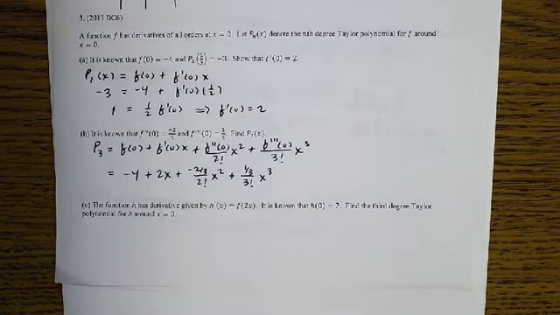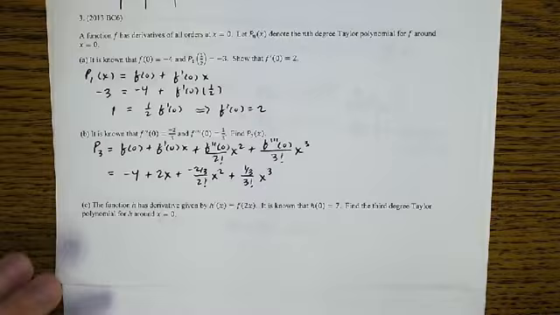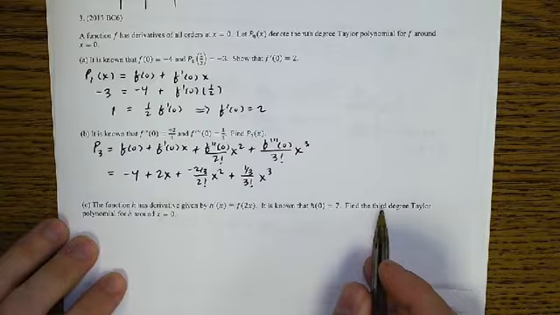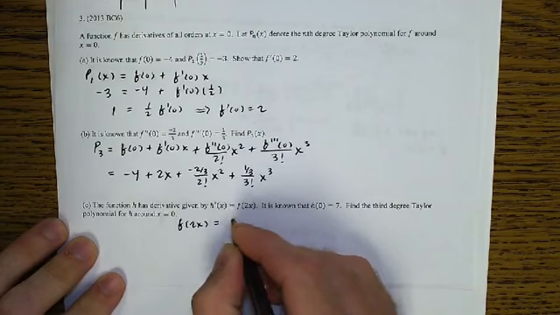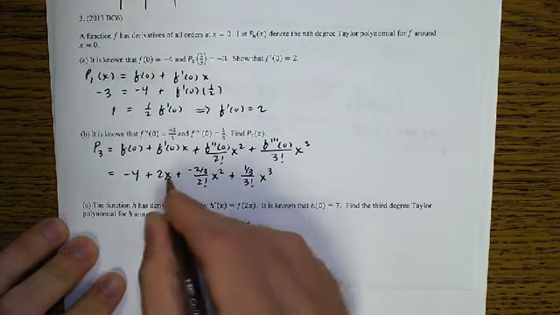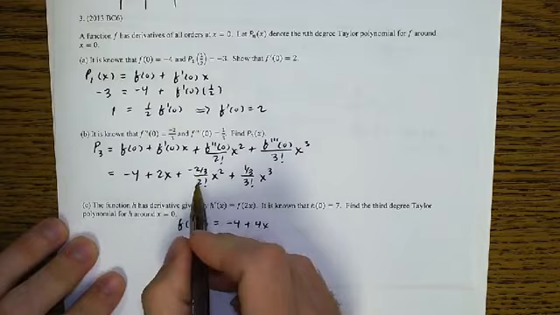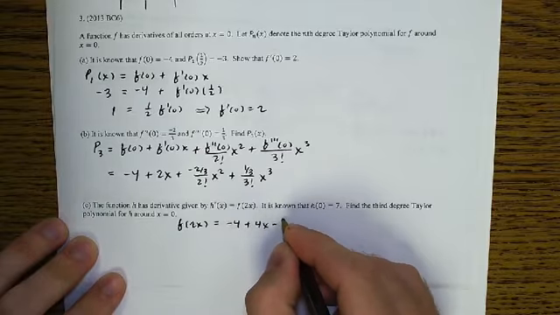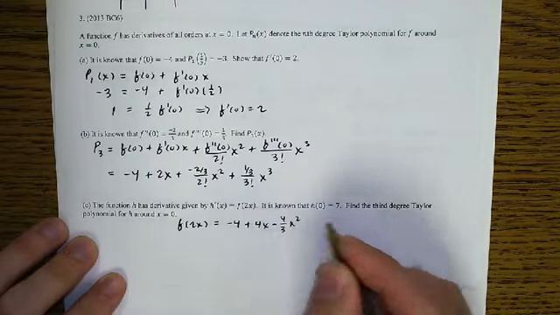All right, next we're going to talk about this other function. h has derivative given by h prime is f of 2x, and h of 0 is 7. All right, so what we're going to need to do is go from f of 2x. We want the third degree. So I'm going to say that the third degree Taylor polynomial for f of 2x is going to be negative 4 plus 2 times 2x, which is 4x. Then this ends up being minus 1/3 of 2x squared, which is 4x squared.